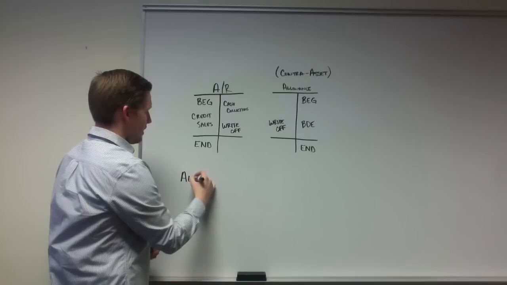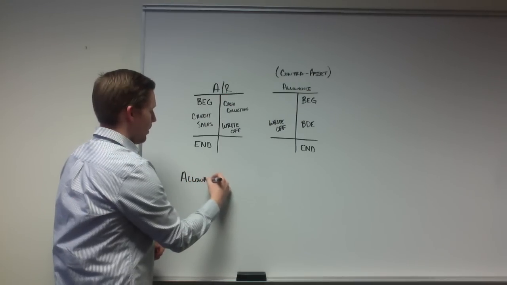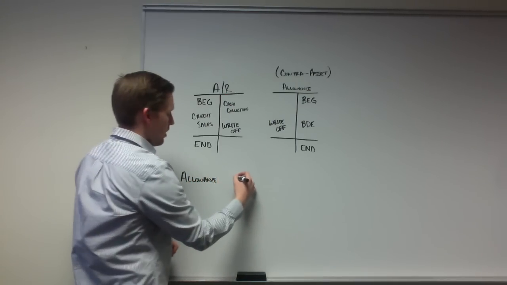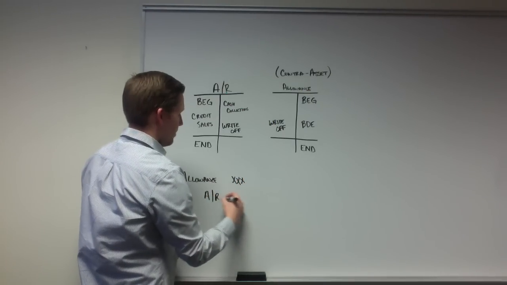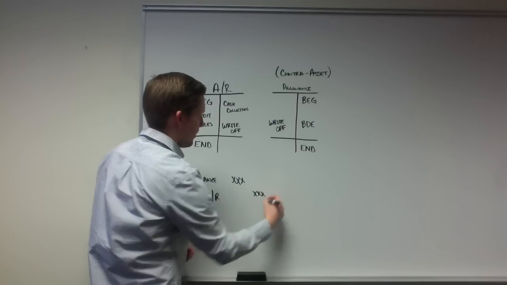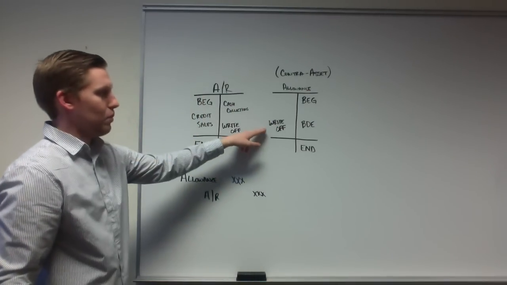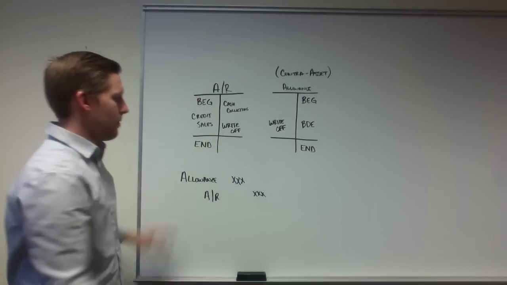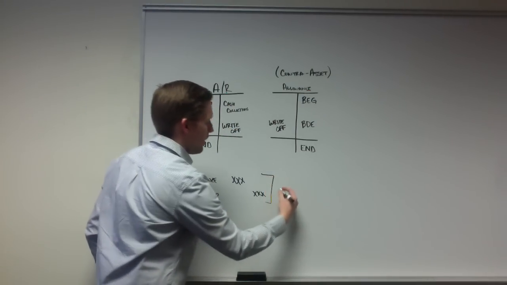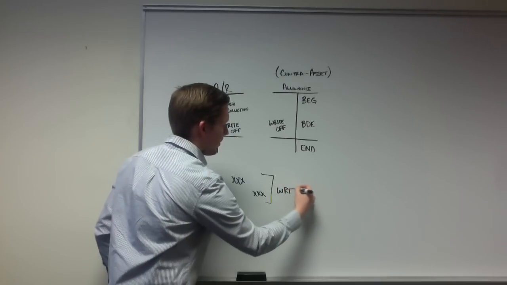Debit your allowance account, allowance for bad debt or allowance for doubtful accounts. That's going to be your debit. Accounts receivable, credit. It's right here in the T account. One more time. Debit, allowance, credit, accounts receivable. That's your journal entry for a write-off.